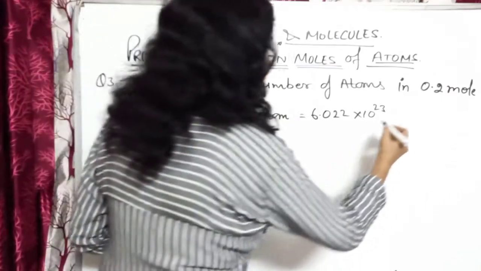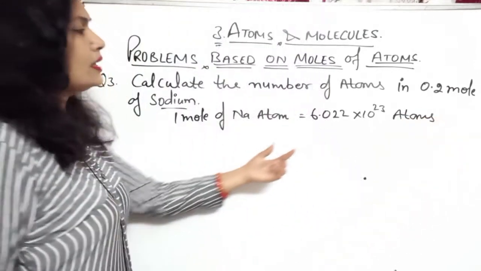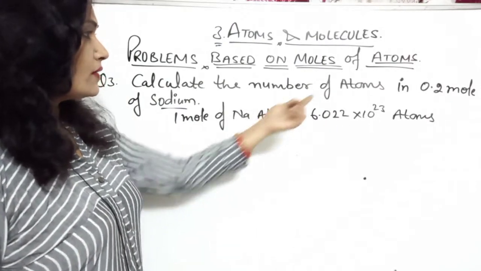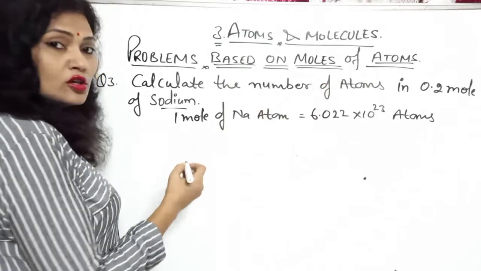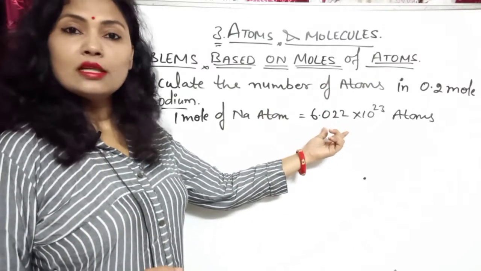Now this number of atoms is present in 1 mole of sodium atom. If 0.2 mole is there, it will be multiplied by this number of atoms.